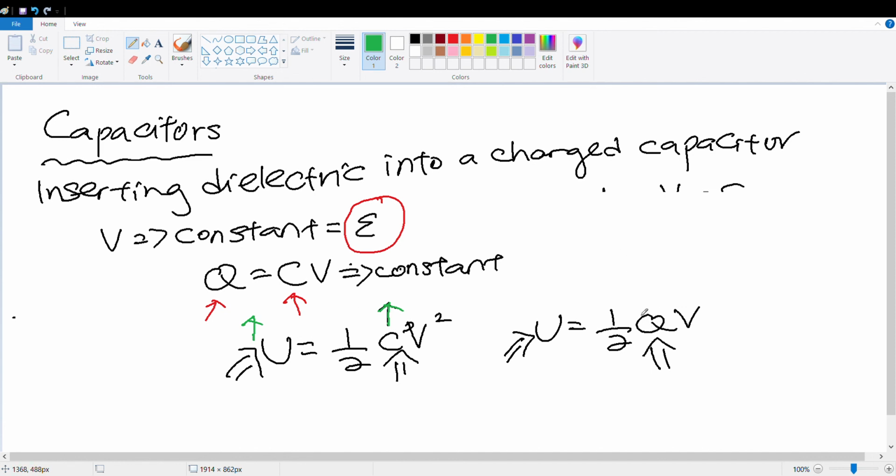As for this formula, when charging the capacitor, the magnitude of the electrical charges will increase, and hence the electrical potential energy will also increase. So this is how we determine the electrical potential energy due to the factors that affect it.